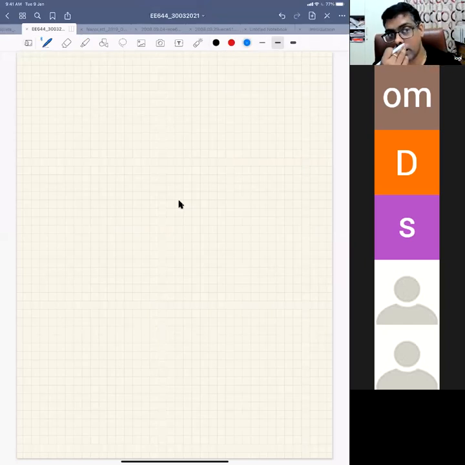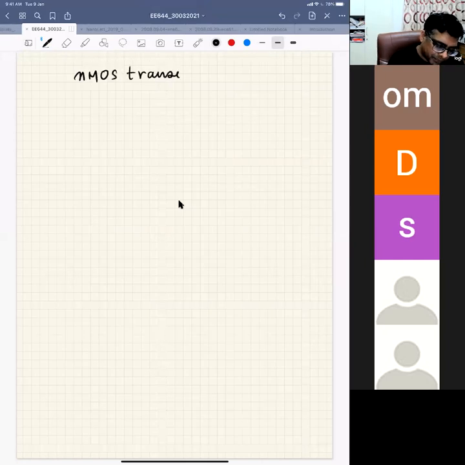All right. So, before I go to the current voltage characteristic of the MOS transistor, I'll just tell you one thing. Yesterday we talked about your NMOS transistor, right? In the NMOS transistor, your gate is made of N plus polysilicon.